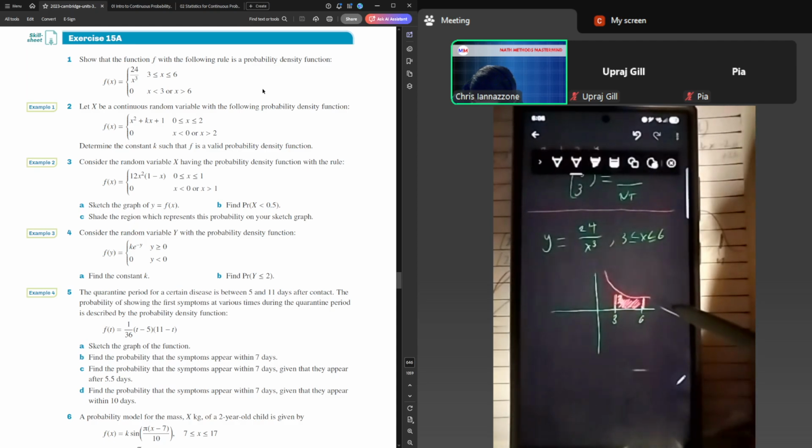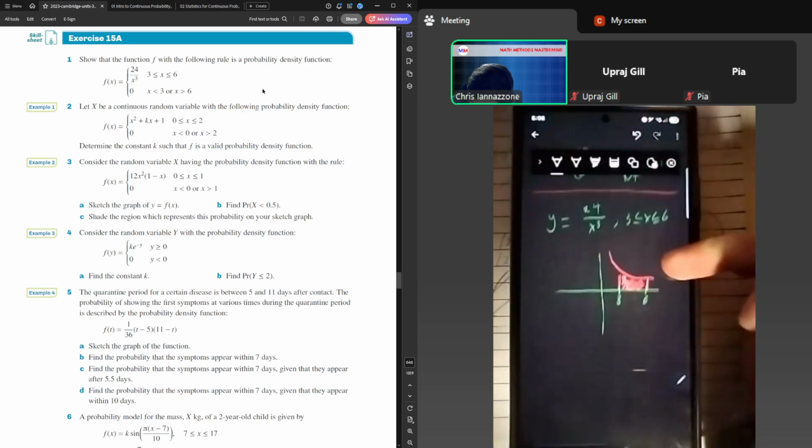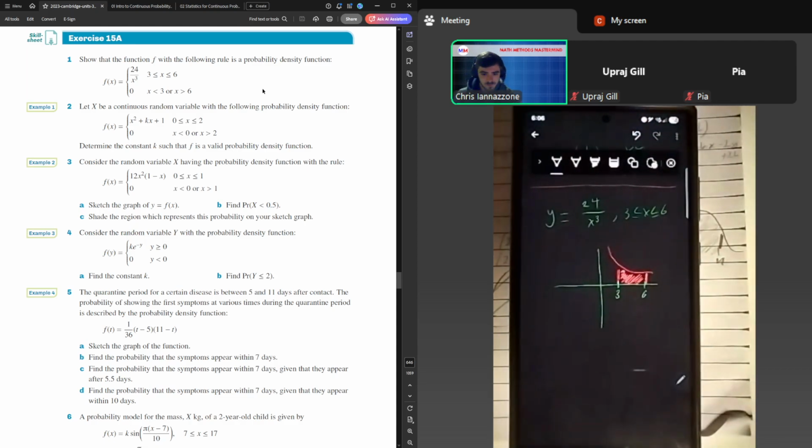So how can we prove that that's equal to 1? How do we find area under a curve in general?